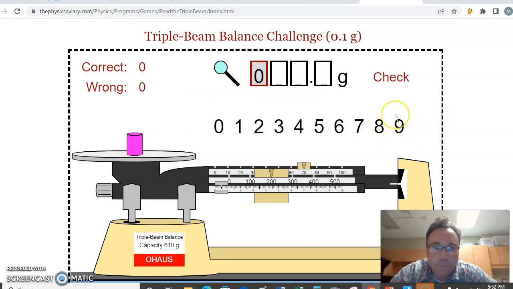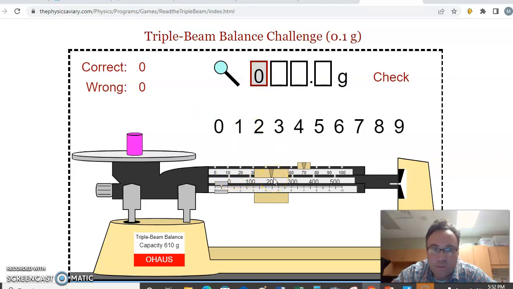Now this right here is a simulator to attempt to determine the correct mass of an object. We're looking at the hundreds place first.